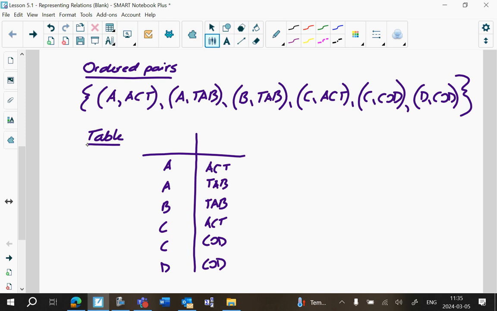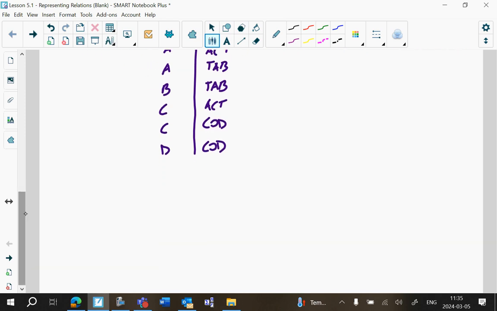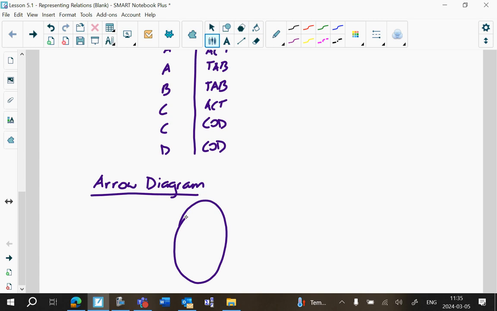Another way that you haven't seen before is something called an arrow diagram. And an arrow diagram looks like this. Draw two ovals. The first oval contains all the elements in the first set.